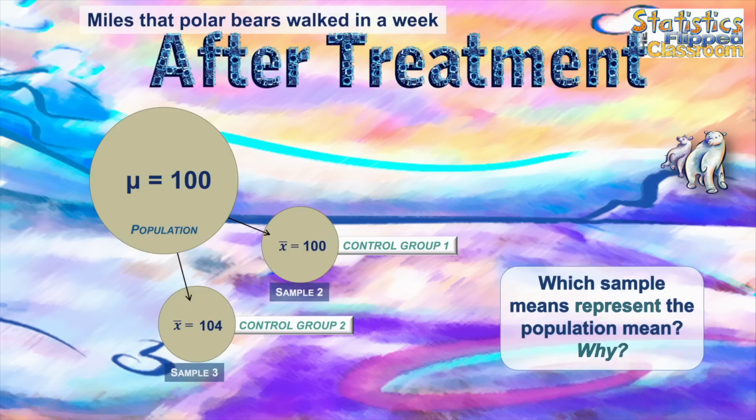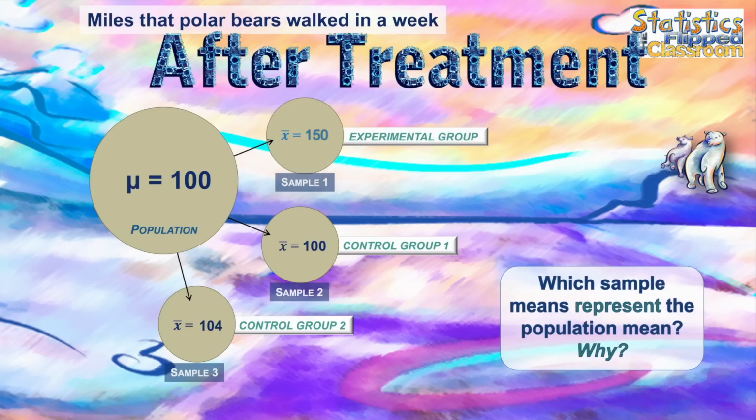Or is it more likely that those 4 extra miles per week were due to randomness, random chance, that I just happen to have a group that walked a little further than average? That second control group with a mean of 104, I'm going to assume actually has a mean of 100 with 4 points of measurement error.